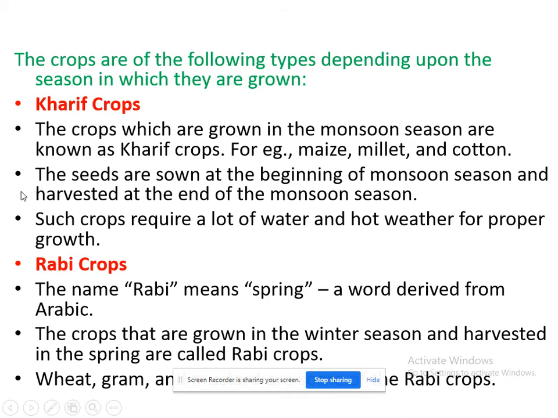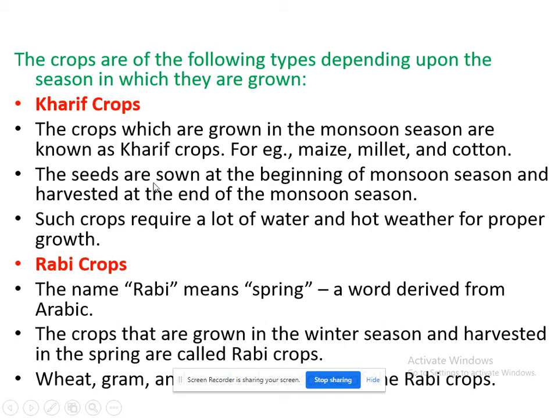Right? Next point is the seeds are sown at the beginning of monsoon season and harvested at the end of monsoon season. So what is meant by this sentence? See here, examples, but maize example we are going to take here.